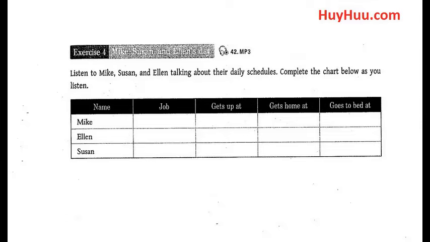Thank you, Mike. What about you, Ellen? My job is a bit different. I'm a flight attendant. I start work at 6 in the morning, so I have to get up before 5 a.m. Wow, that's too early for me. I usually get up at 8 in the morning. Why do you get up so late? Because I go to bed very late, usually about 1 o'clock in the morning.